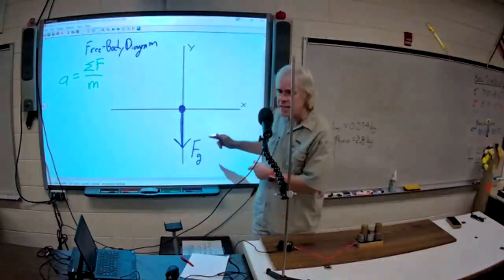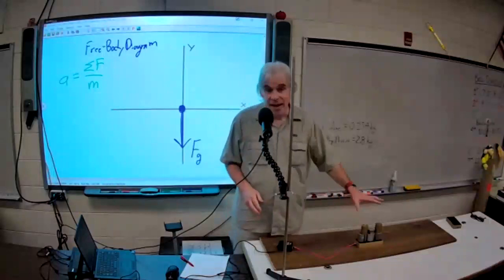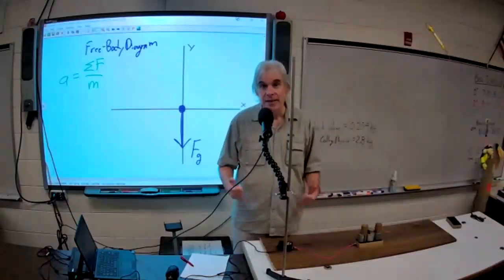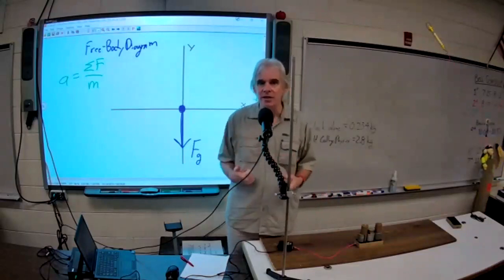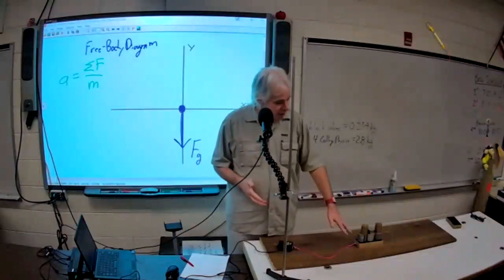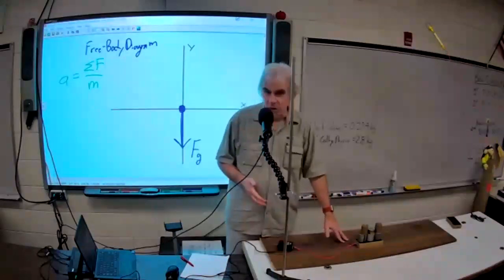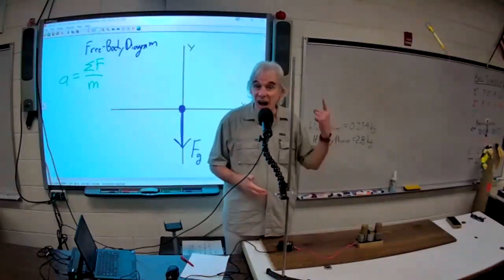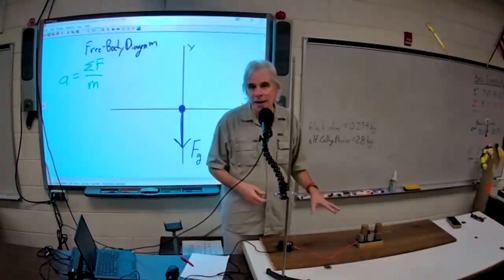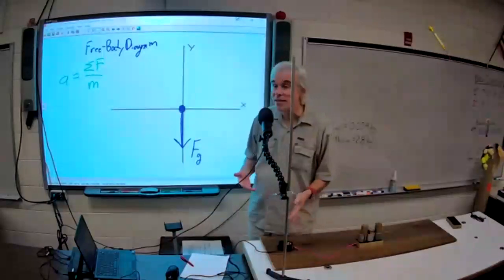Well, gravity's pulling down. If the net force on this thing is 0, it must be that something else is pushing up to cancel that out. And that something else is called the normal force from the tabletop. The tabletop is pushing up just exactly strong enough to support the weight. Let me draw an arrow to represent that.